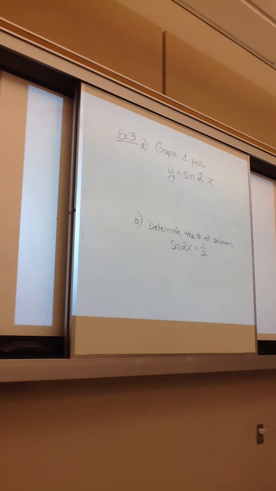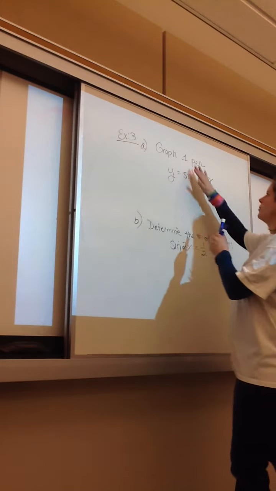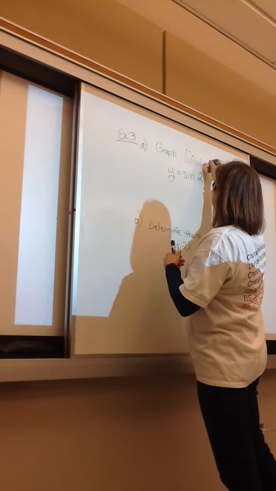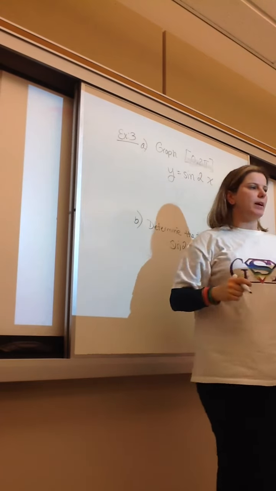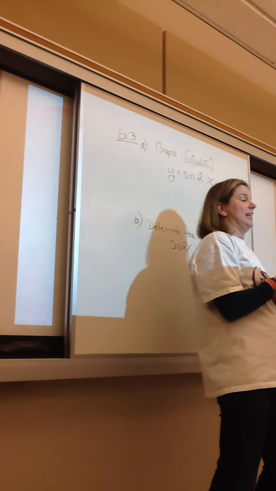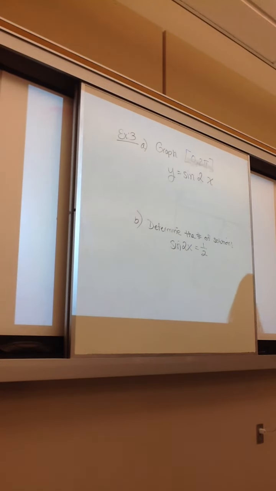I need to change the directions on the top. Can you graph from 0 to 2 pi? Sorry, you just extend it, right? Extend it, 0 to 2 pi.